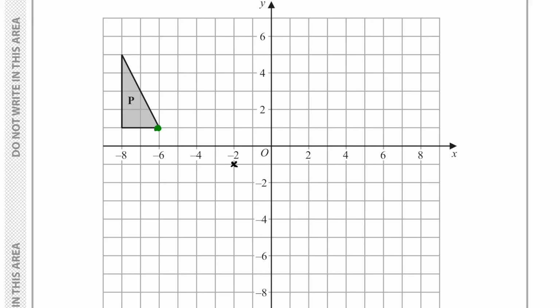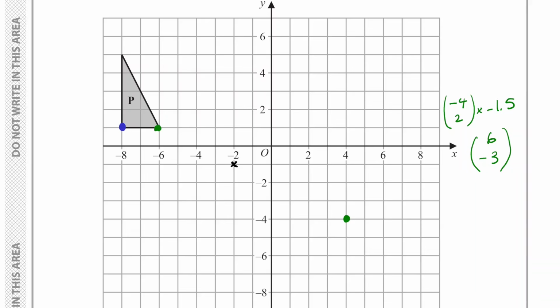So at the moment, to get from the centre of enlargement to the green point, it's a movement of -4, 2. If we times that by minus 1.5, a negative times a negative is positive. 4 times 1.5 is 6. And 2 times minus 1.5 is -3. So that would be at 6 forwards and down 3 now.